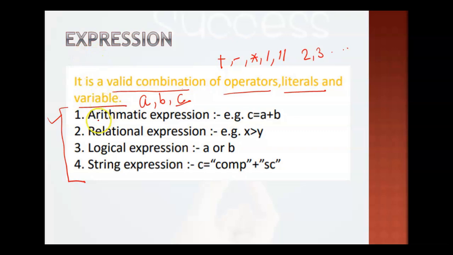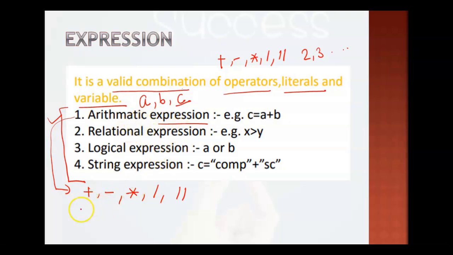So we have the arithmetic expression. An expression is a combination of operators, literals and variables, and arithmetic is a type of operator used for mathematical calculation, like addition, subtraction, multiplication, division, floor division. Now, how do you relate it with an expression to make it an arithmetic expression?